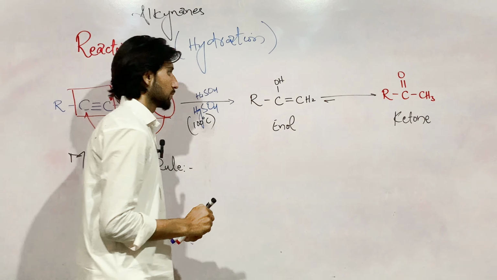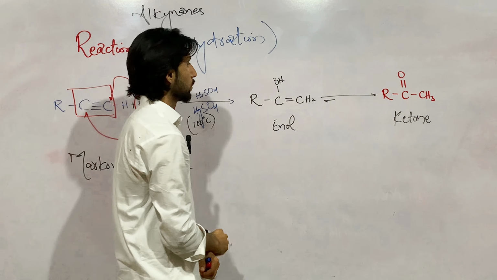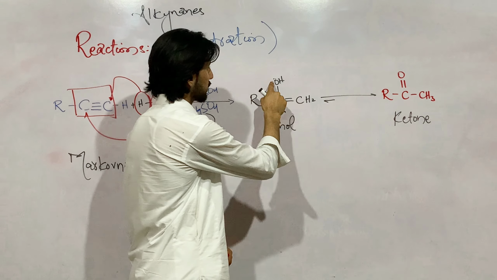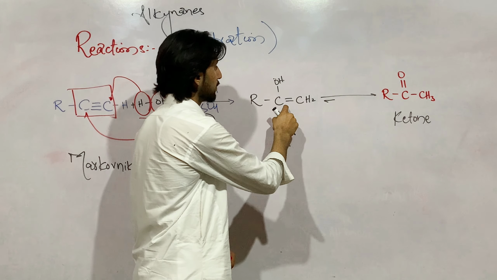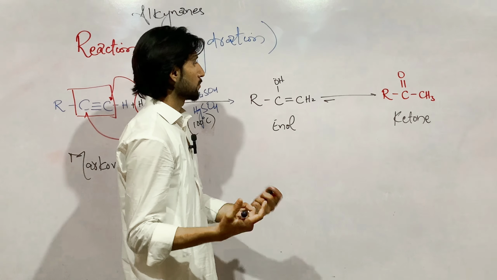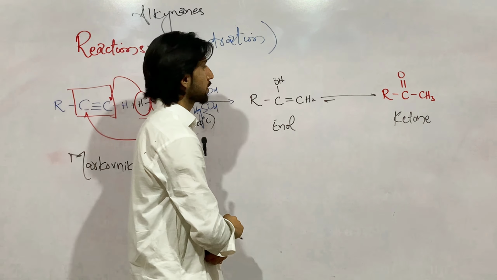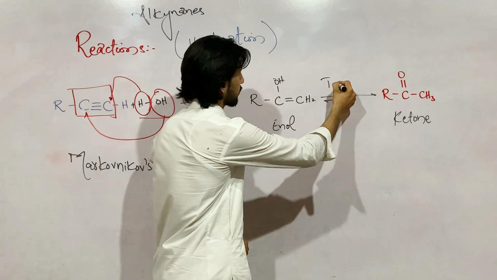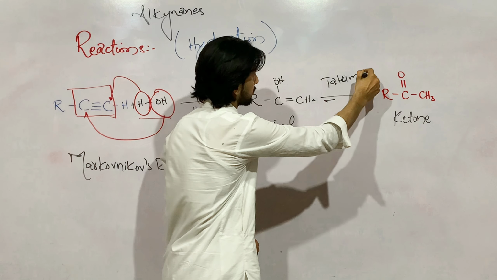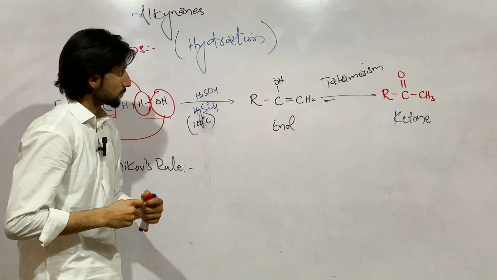Okay, now here we will see, this is called enol because the OH is attached to a carbon which is double bonded to another carbon, not singly bonded, not a normal alcohol. This is enol. So this enol tautomerizes. So we will see tautomerism over here.